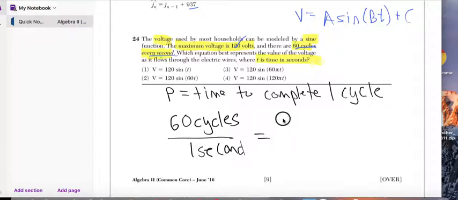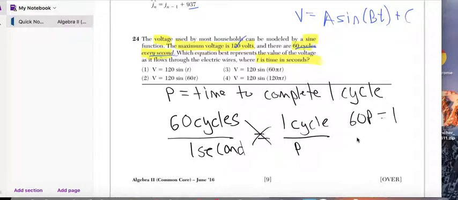P is the time period, right? So that's to complete one cycle. So one cycle would take how many seconds? P is the period, right? If I multiply these, I get 60p equals 1, then p is equal to 1 over 60. There are other ways I could have done that too, but that's one way. So the period is 1 over 60.